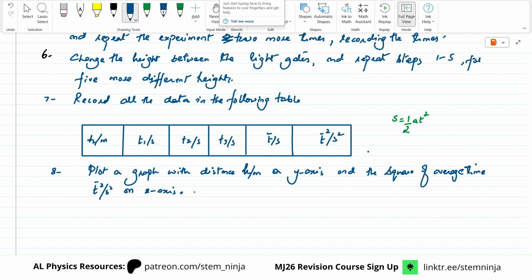So we need to draw a line of best fit between the values.